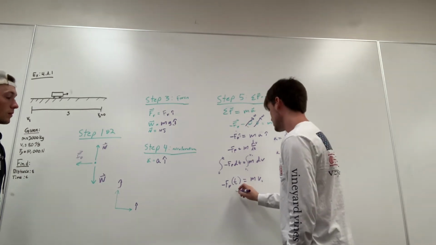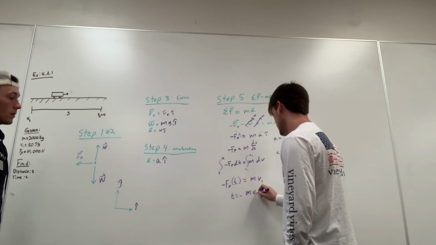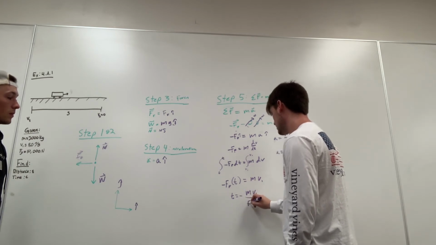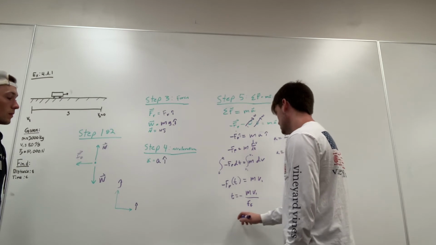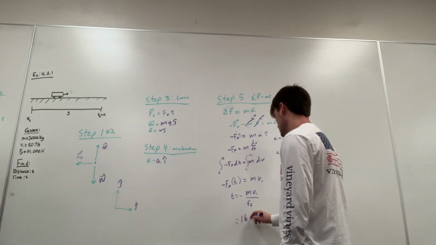So then you're left with t is equal to mass times velocity 1 divided by friction force, which is equal to 16 seconds.